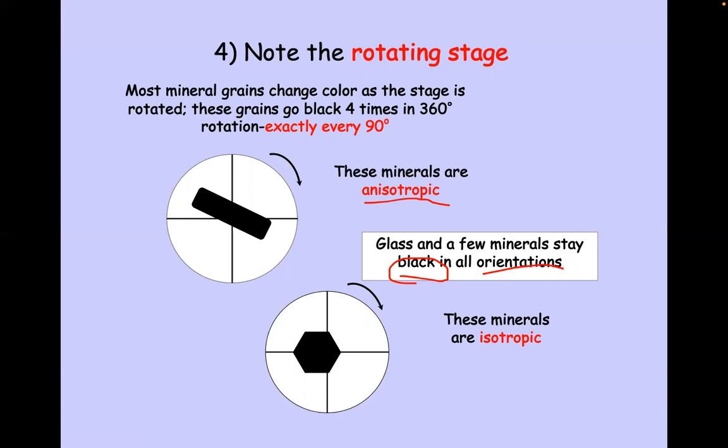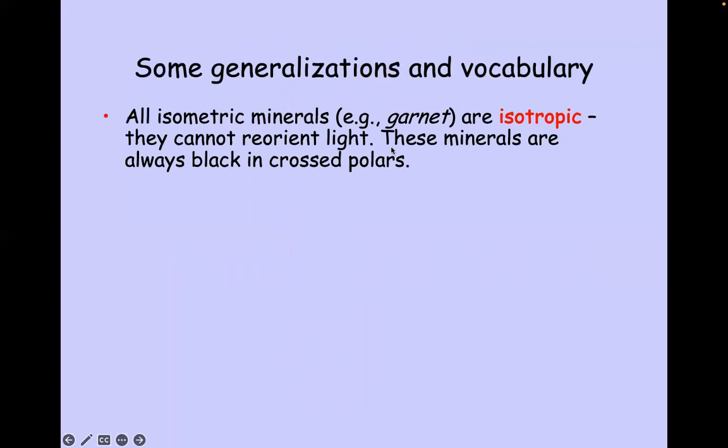But when you rotate the stage, when you insert the second polarizer, or analyzer, we call the analyzer also the second polarizer, then it becomes dark all the time. Not at every 90 degrees, always it's dark. So that is a characteristic feature for isometric minerals.